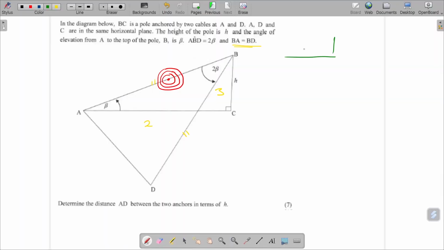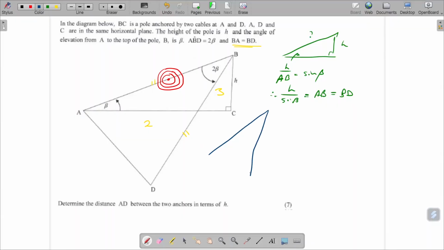In that back triangle, we know that it's right angled. We know this is H, we know this is beta, and we know this is the one we're looking for, AB. H over AB equals sine of beta. Therefore, H over sine of beta equals AB. But they tell us that this is also equal to BD.